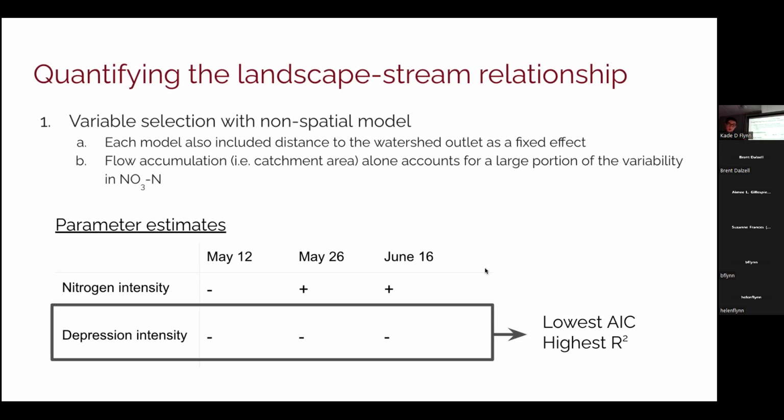This table is showing just the sign of these parameter estimates, so the relationship between stream nitrate concentration and these landscape variables across these three sampling dates, which were conducted within the western section of the watershed, this upstream portion, but along slightly different stream reaches. One thing to note is that while the relationship with depression intensity is consistent, the relationship with nitrogen intensity is not consistent.